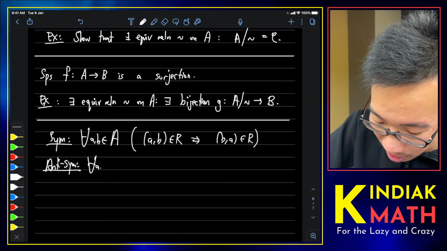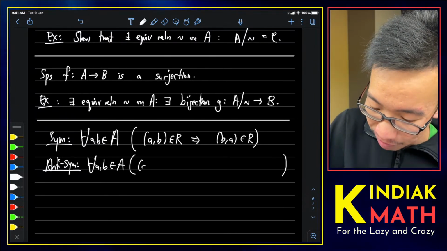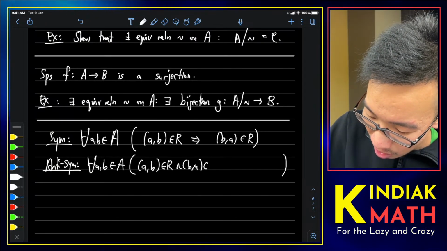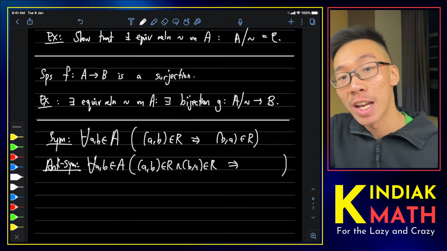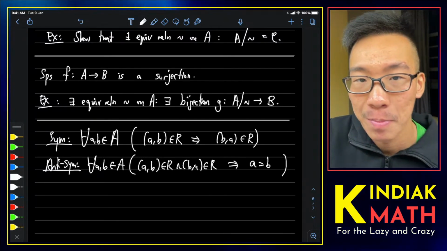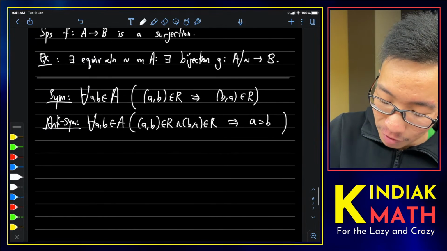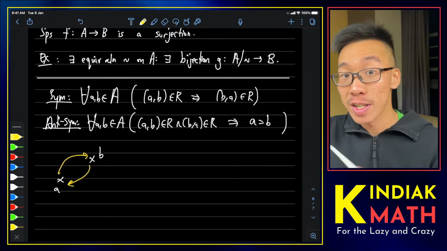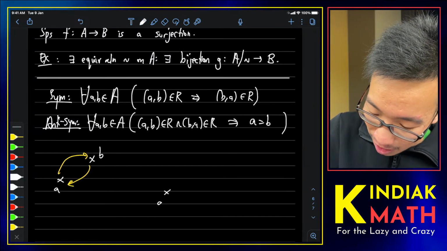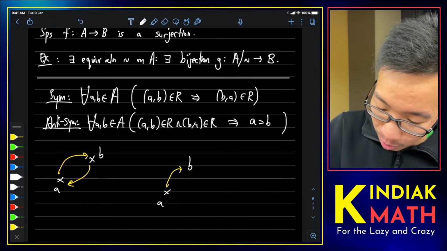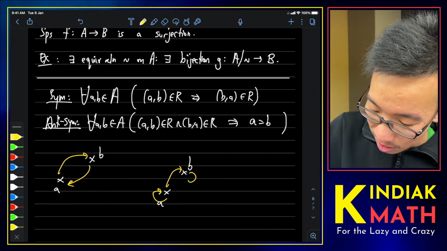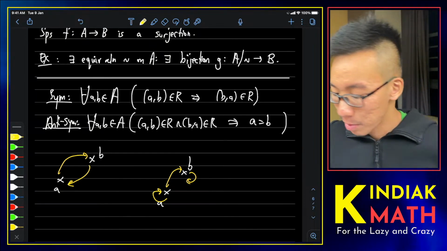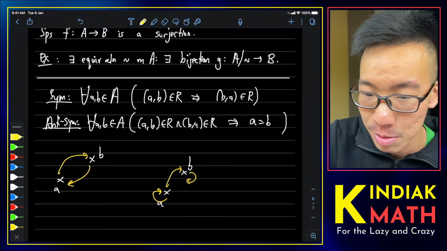Anti-symmetry means that if you have both elements relating to each other, you must get the same element. I like to think of symmetry as two-way streets. Anti-symmetry tells you that the only streets are one-way, if you include loops as one-way streets.